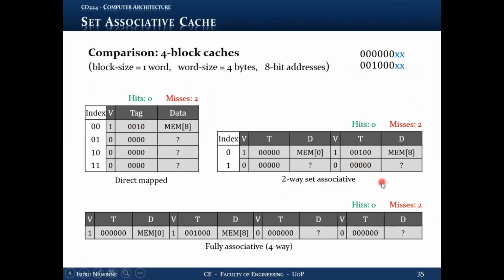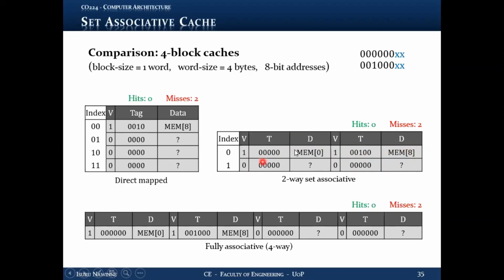We brought the data, but we had an extra block space in that set, right? In this particular entry at index 0, the first invalid block was that, and we replaced it with the new data from memory.